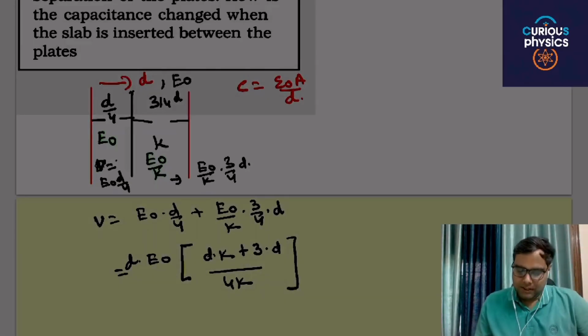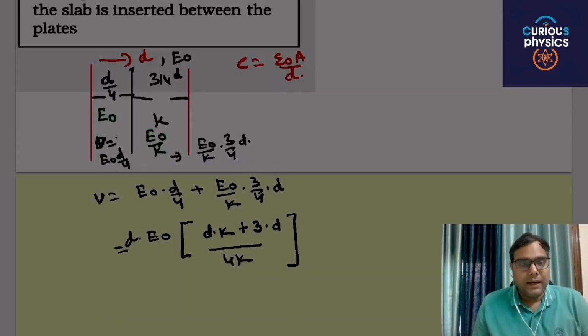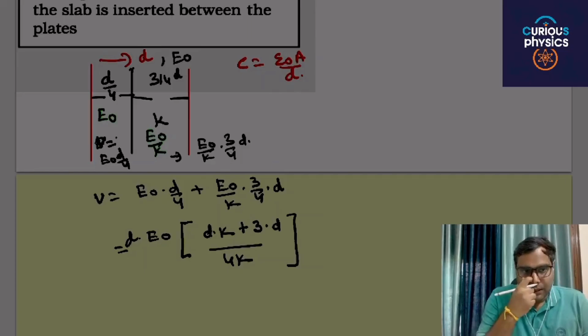This is the net potential. Then, from this potential, you can find the capacitance.